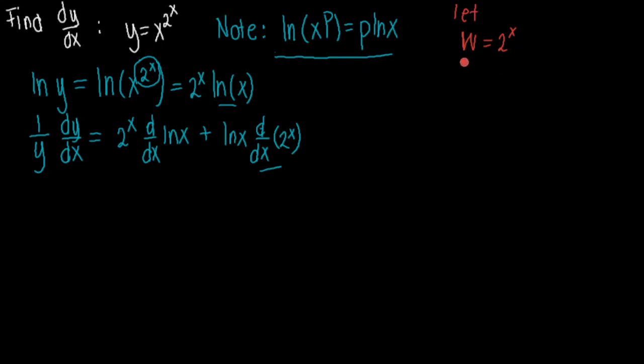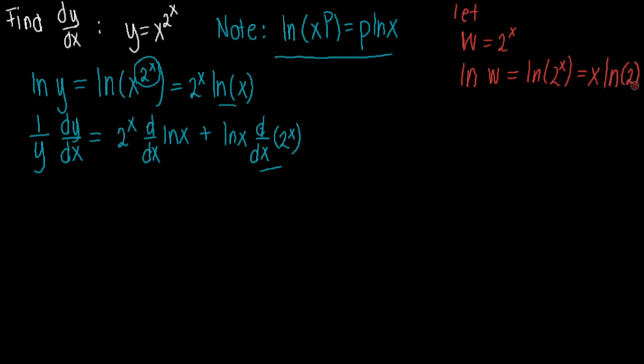Let's take the natural logarithm of both sides of the equation. ln of w is equal to ln of 2 to the x. Now, again, this is our p here, and we'll bring this down here, x ln of 2.